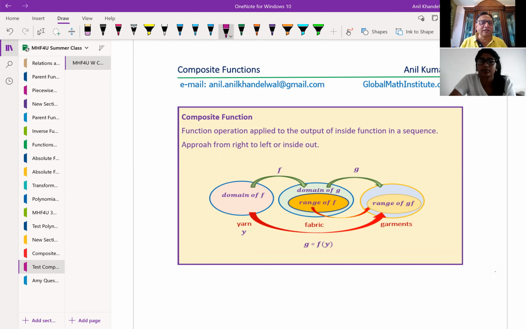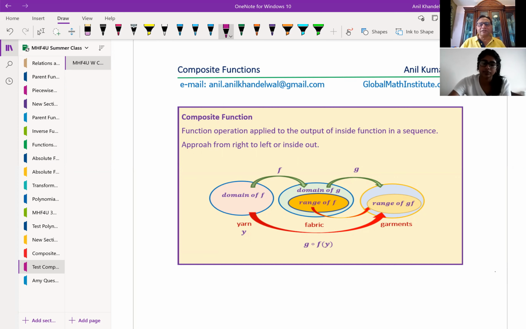That's the normal sequence. When we say composition of functions, it is a production line where you follow a sequence, and whatever is the output of the first becomes the input of the next one. You could have a composition of many functions, not just two, so we say two or more functions.